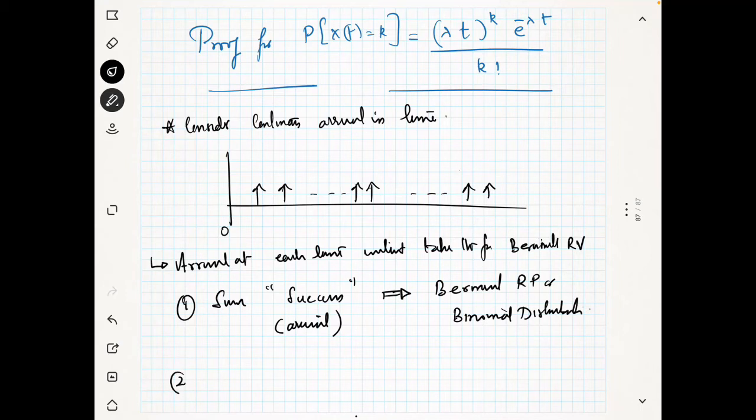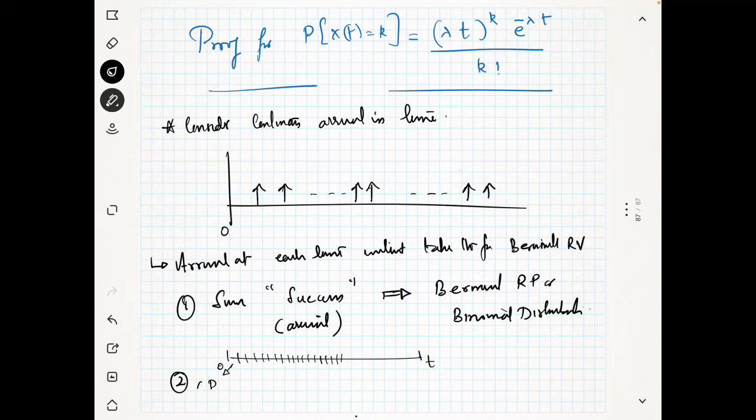We will assume that if the block duration tends to 0, then our approximation becomes exact. Suppose you are considering time 0 to t and you are dividing it into small blocks.